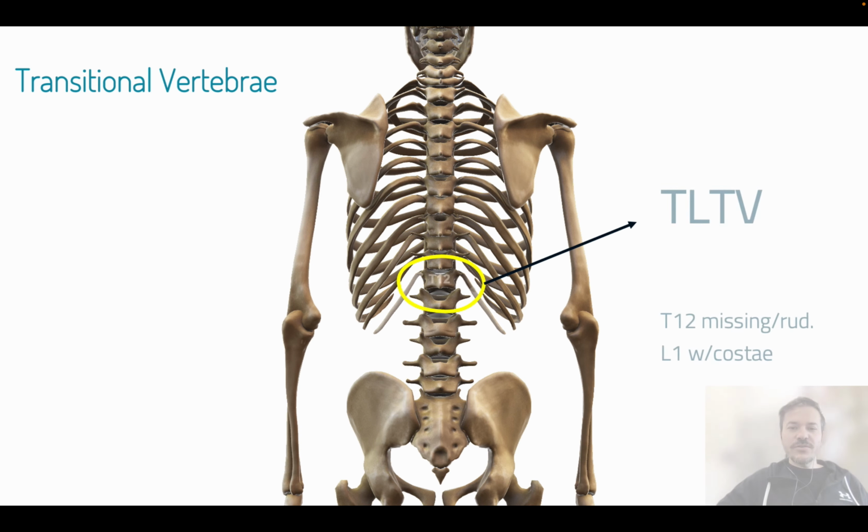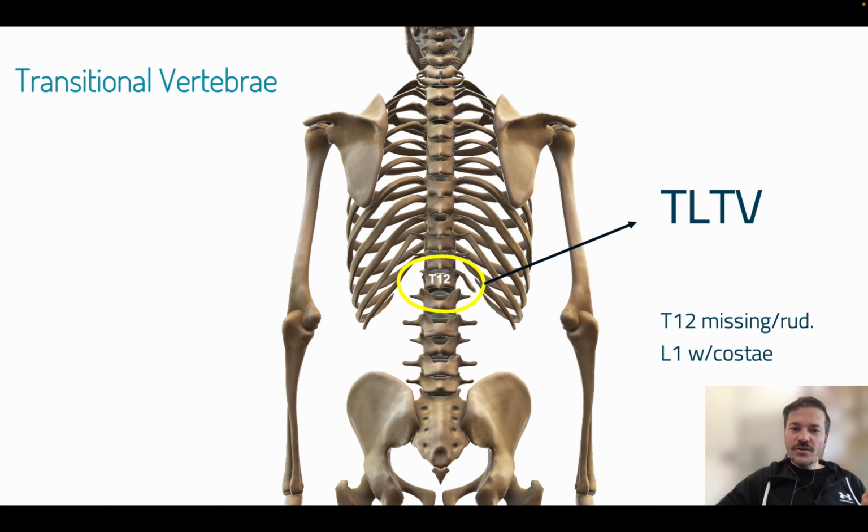With a thoracolumbar transitional vertebra, most of the time the 12th costa is missing, or we may see just a rudimentary costa on either side or bilaterally. Less of the time we may see costal perturbation on the L1 vertebra.